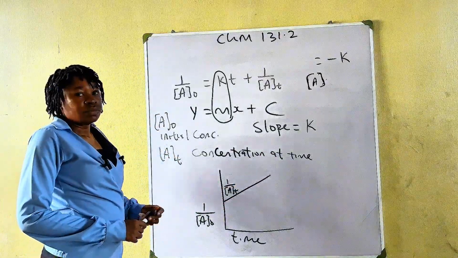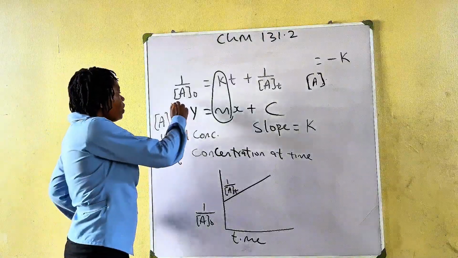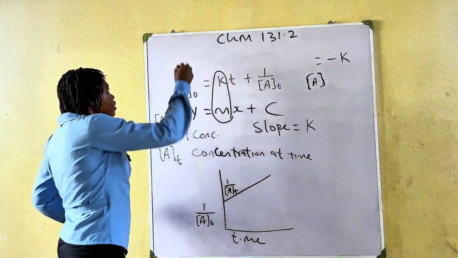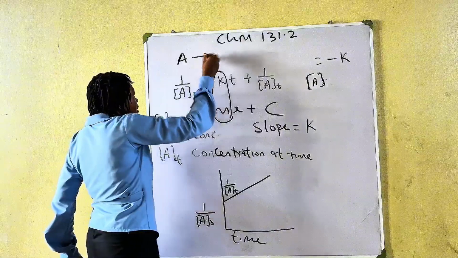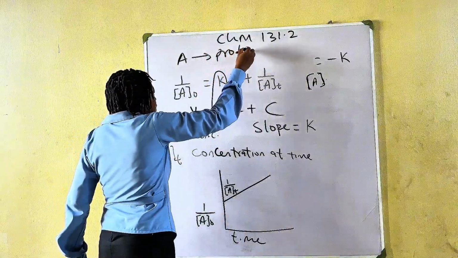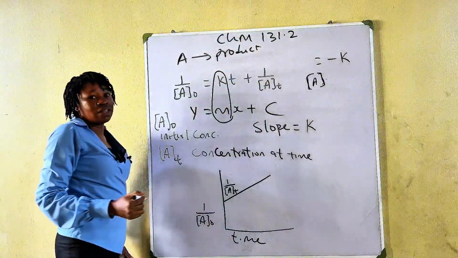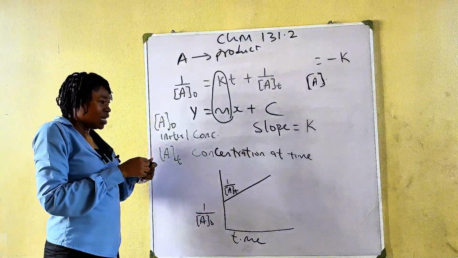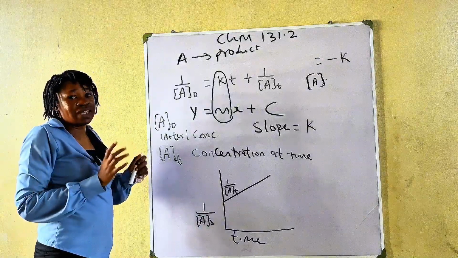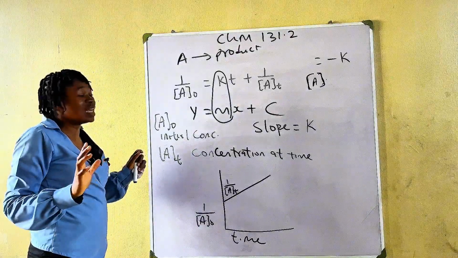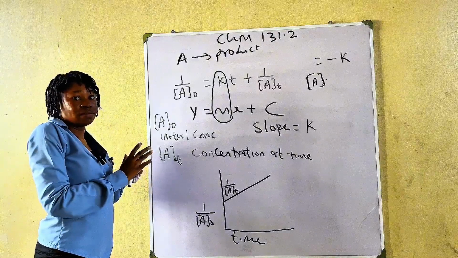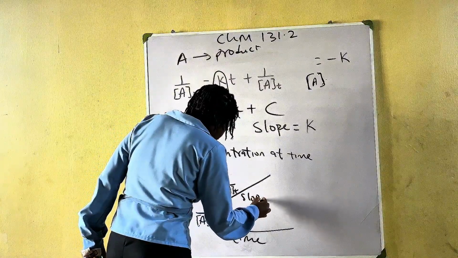Okay. So this equation I have here is for when you have only one reactant. But the one that you have two reactants A and B is actually complicated, so we'll not be considering it at this level. So slope is equal to K.